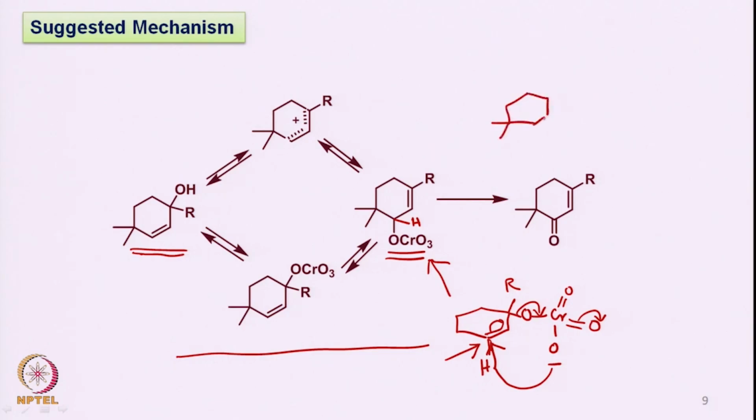Suppose you leave it as it is, then you have O, Cr, Cr and O, O, O, and then you have a hydrogen here. So this will undergo oxidation, and of course you will be left with the corresponding ketone, where there is a double bond, and the R group.